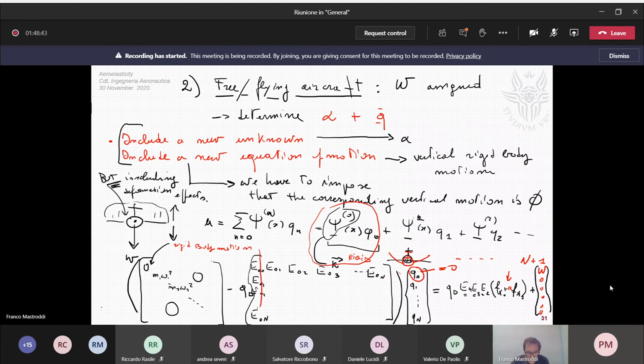This column, the first column, is not relevant. We can just consider our block here, which is n+1 rows by n columns.